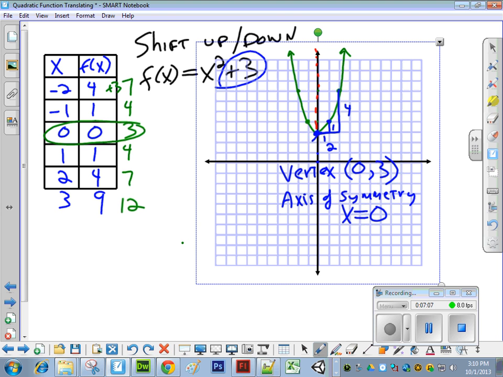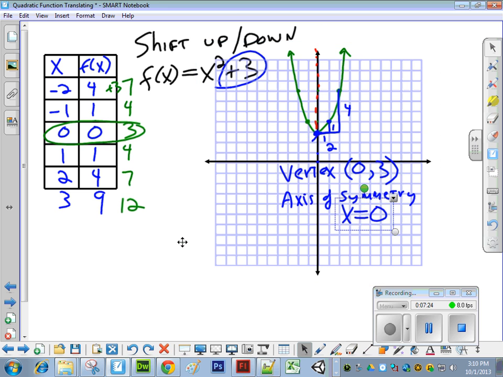Okay? So, now the next thing, what happens if I took the same exact graph and wanted to shift it in a different direction. So let me move a couple of things here.